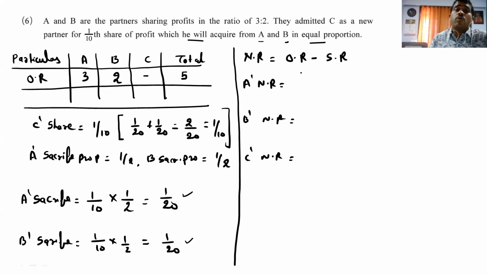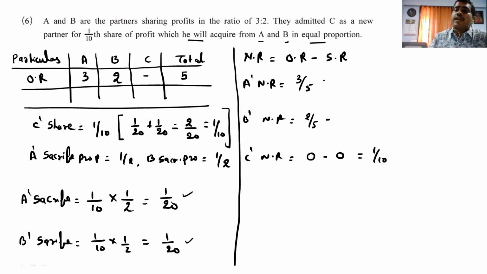So A's old is how much? 3:2, so 3 by 5. While B's old ratio is 2 by 5. While C's old ratio is not given to us, I am putting just 0. Minus 0. And C's new ratio comes to us 1 by 10.